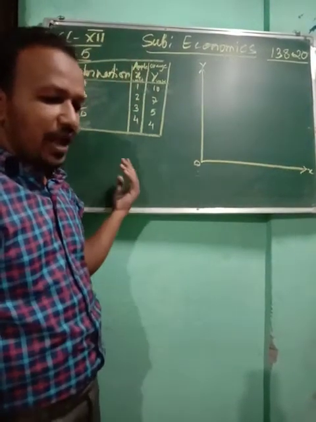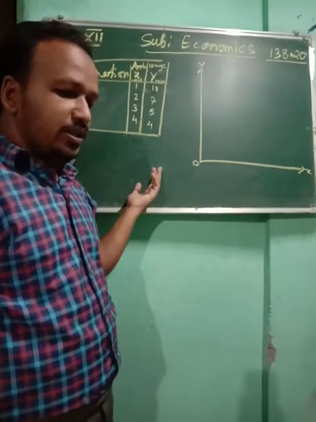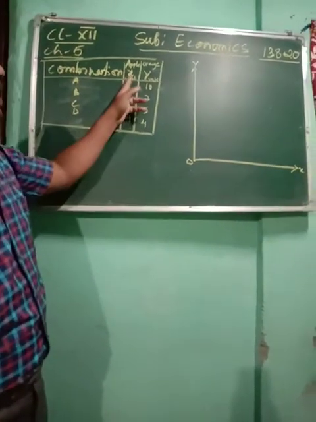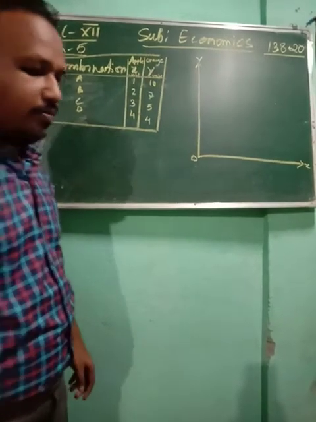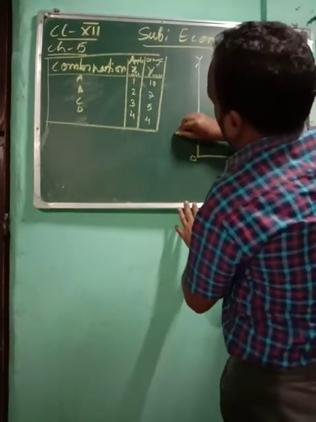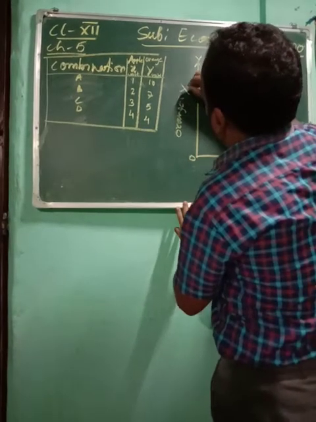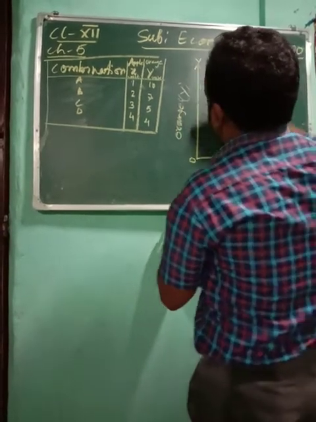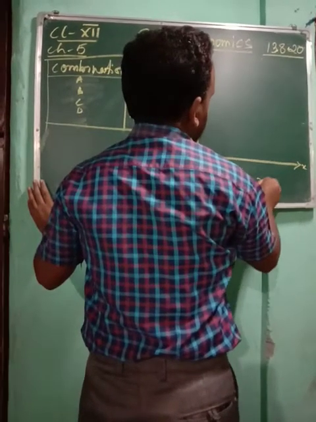So by looking at this, we are going to draw. I am going to take apples and oranges, that is X and Y. Here I take oranges, the Y commodity, and here I take apples, the X commodity.